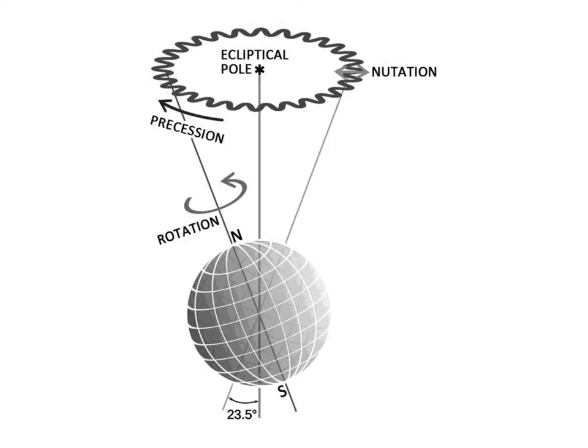The movement is not steady. So here we have the rotation movement. The rotation movement just does this like a clock sense, right? But it has two other movements. It has precession. What is precession? Precession is this thing. Look at that. It rotates, but it also moves this way.